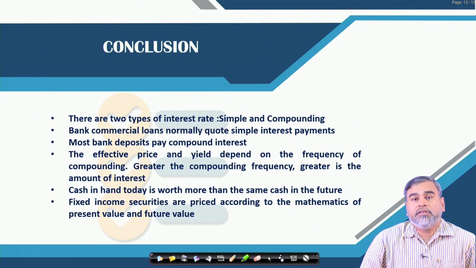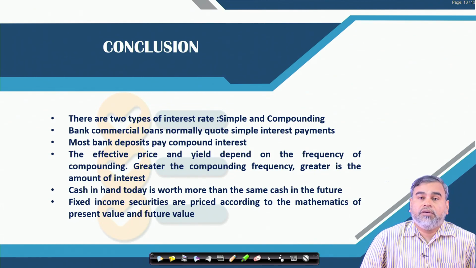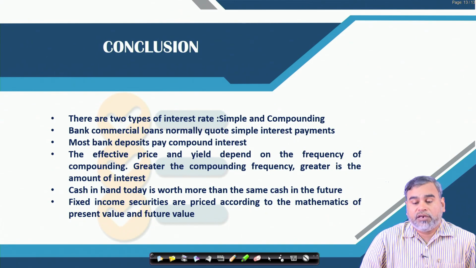In this context, the market value or the intrinsic value of the bond is nothing but the present value of the coupons as well as the discounted value of the principal or the face value of that particular bond. So, this is about the concepts we use, and some concepts related to the valuation of the bond and to simple and compound interest, which is a major concern for commercial banks for their deposit and lending activities.